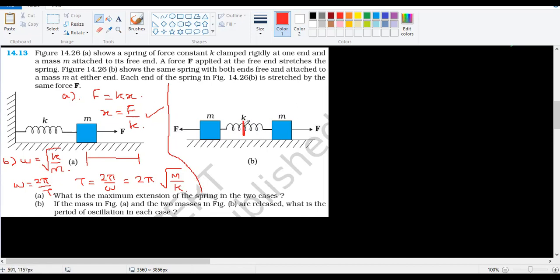If I assume that the spring is fixed in the center, this is moving this way and this is moving back and forth this way. Whenever you assume that the spring is broken into two pieces, the spring will become stiffer. So the K value will actually decrease. Sorry, the K value will increase. That means this part of the spring will have 2K, and this part of the spring will have 2K.